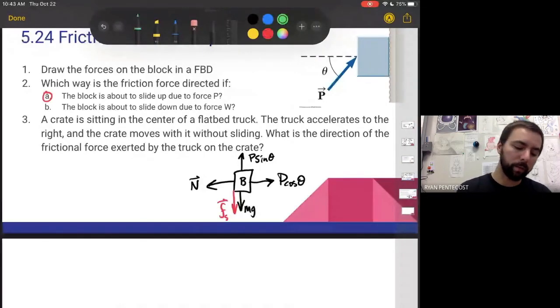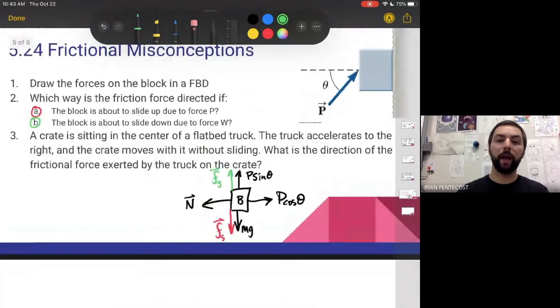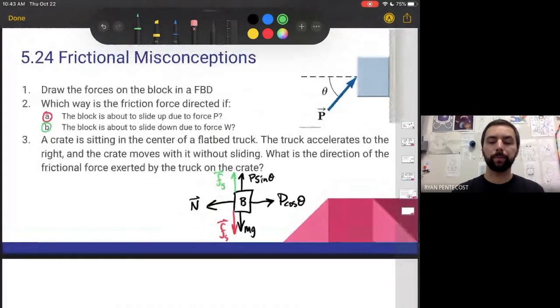Now for scenario B, the block is about to slide down due to force W, due to the weight. Well, that means it has the potential to fall, and force P is really just barely keeping it there. That means that the friction would be facing up. So depending on where the block is about to go, that friction can actually change directions.